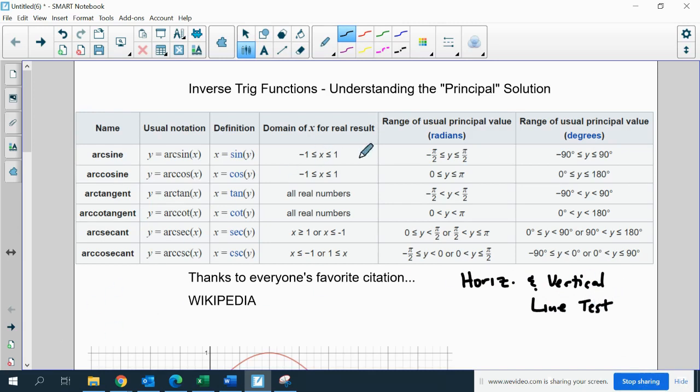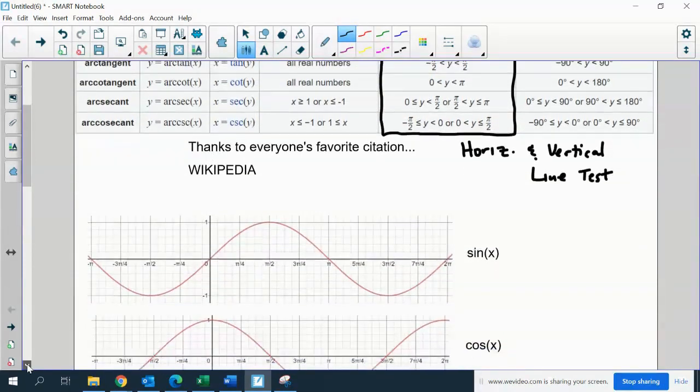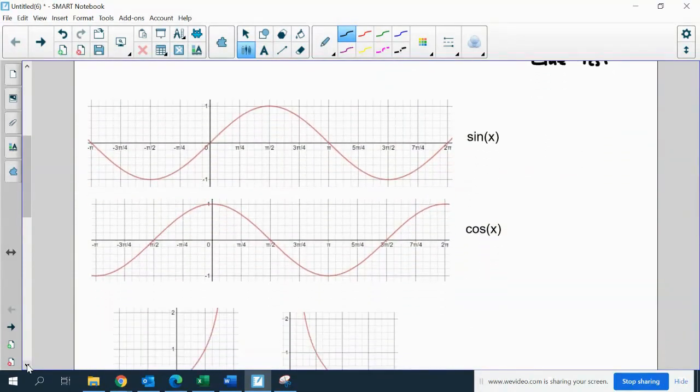So basically, all of these values for arcsine, arccosine, arctangent, arccotangent, arcsecant, and arccosecant are the restrictions that we have when we are dealing with these sorts of things.